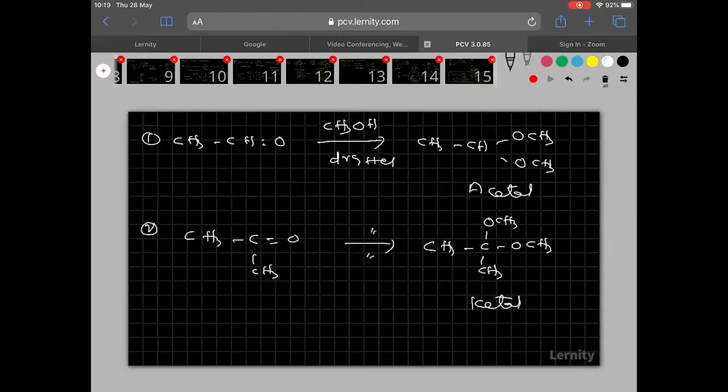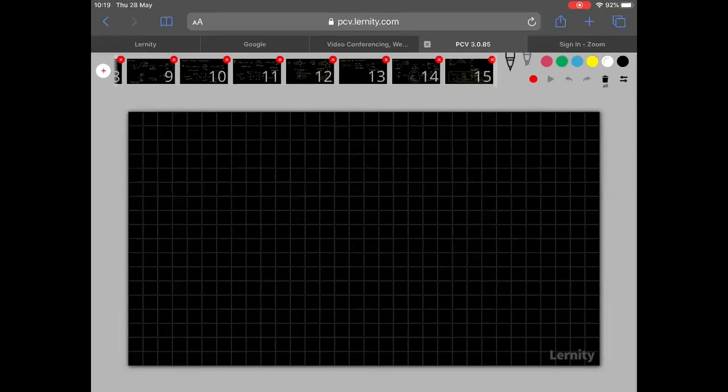Completed. Let us take still some other examples here. Okay. Now the next example, cyclohexanone when treated with CH3OH and dry HCl. Then here also the same thing will happen. Okay.